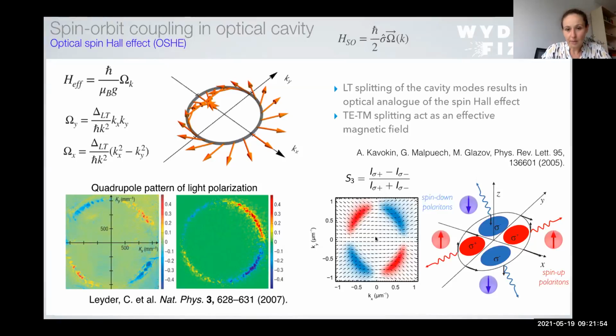This quadrupole pattern was also observed in an experiment. This is one of the first experimental realizations, for the lower polariton modes in a gallium arsenide semiconductor structure, of course not a magnetic structure. Many groups then followed this approach and observed the optical spin Hall effect. But the most important thing for me is how this effective magnetic field looks in the plane of the cavity.